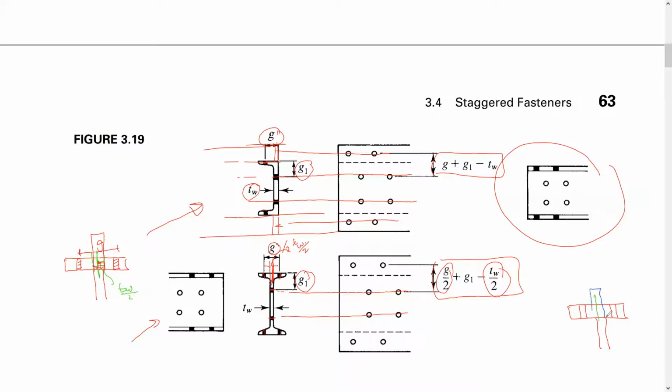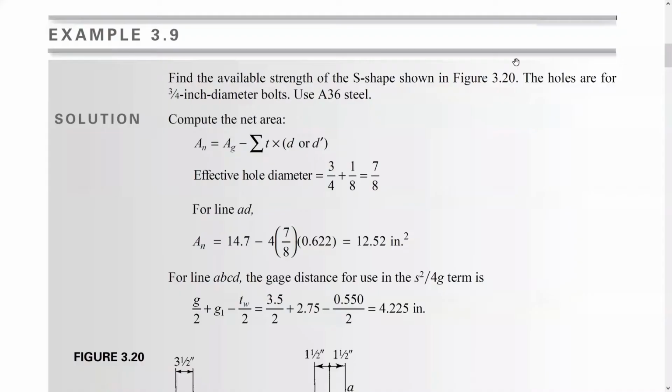But this distance is going to be extra here, so we have to take it out. That is the minus thickness of the web over 2, and here is G, so the distance was G over 2. I think this is easy now, so you can use it.